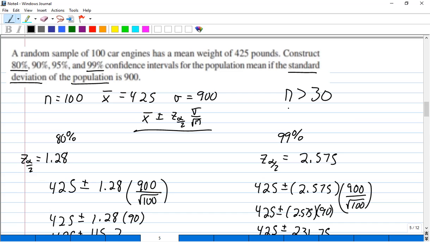We also have to know what the population standard deviation equals. We have to have a value. We must know this to get this to work, because we don't have any population to find that value from. It has to be given to us. Okay?